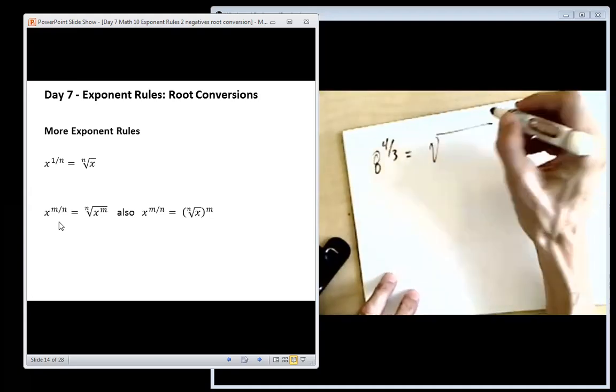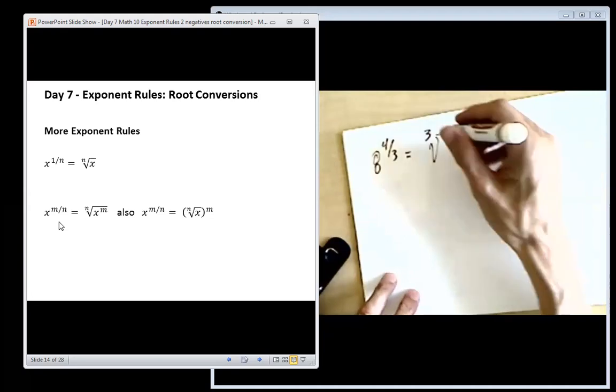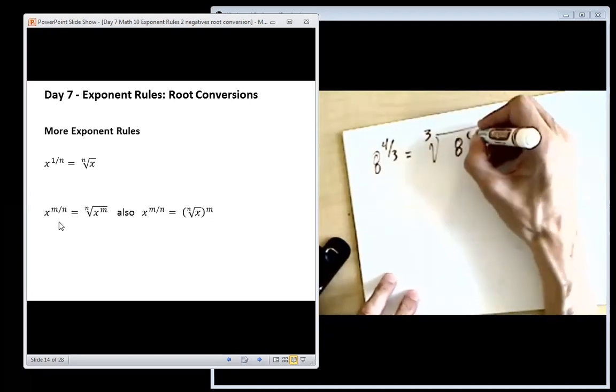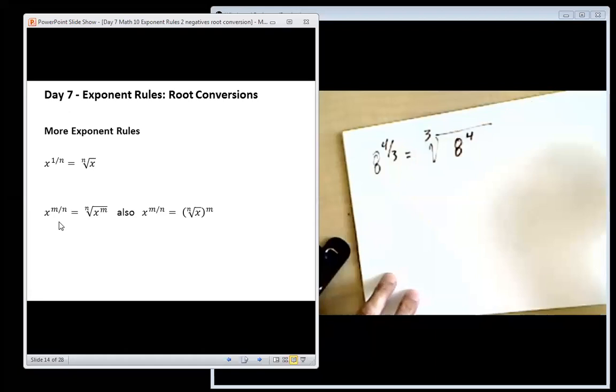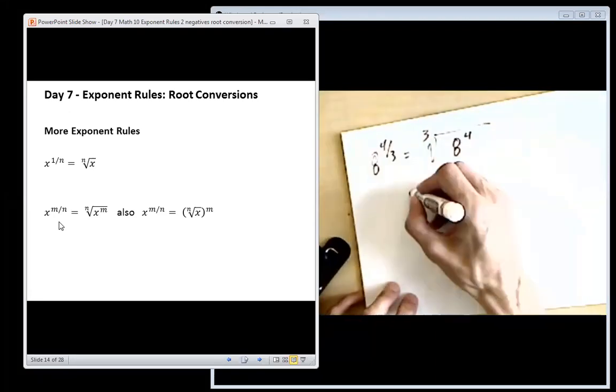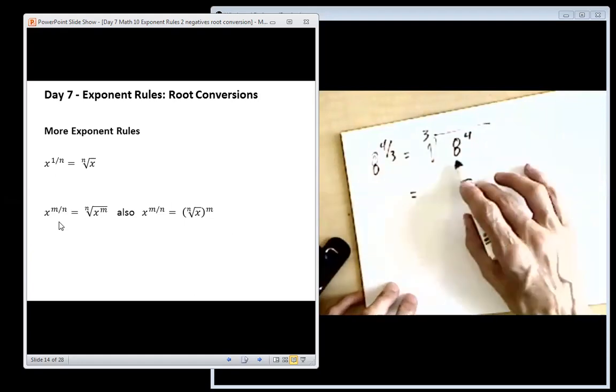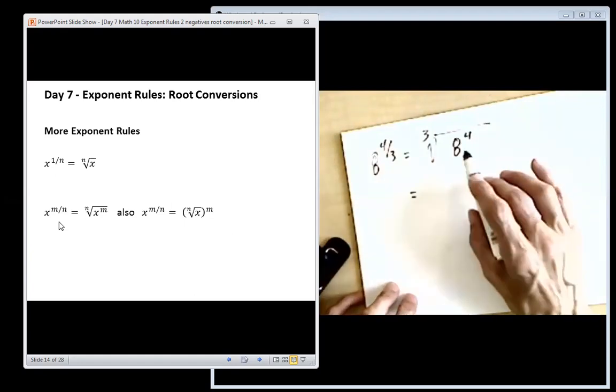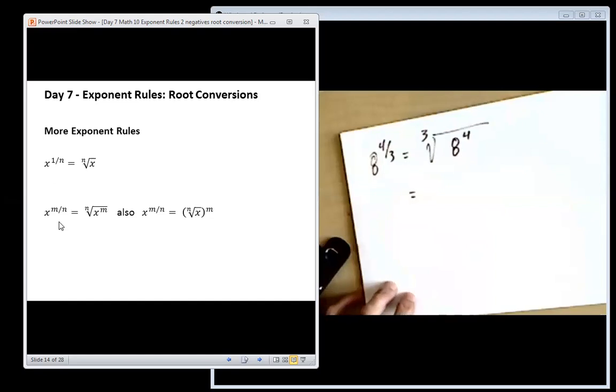So I'm saying we had the 4 on the inside first, just because, right? That's the way it works. Well, this is pretty big. Can someone help me out, what 8 to the power of 4 is? I think I know.